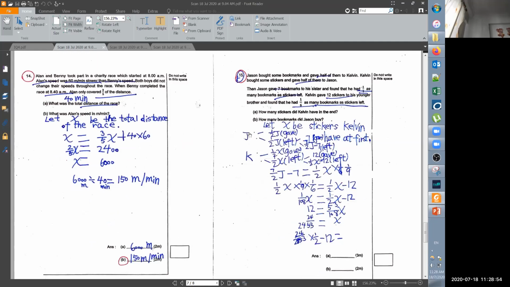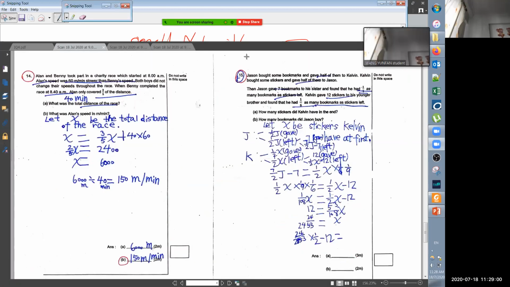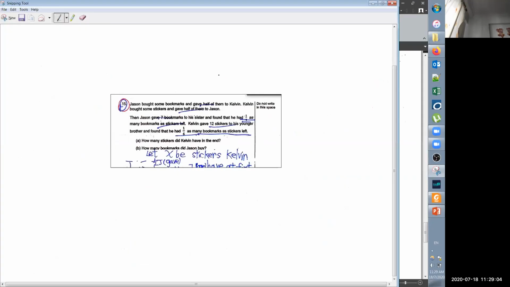Okay, question 15. What's wrong with 15? Okay, pretty complicated. Question 15: Jason bought some bookmarks and gave half of them to Kevin, and then Kevin bought some stickers and gave half of them to Jason. Then Jason gave... oh, okay, so basically it's just a very complicated question.